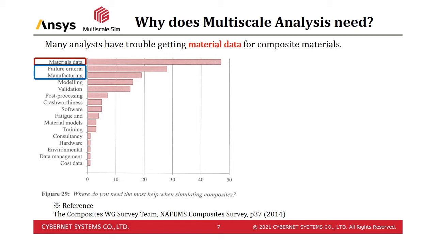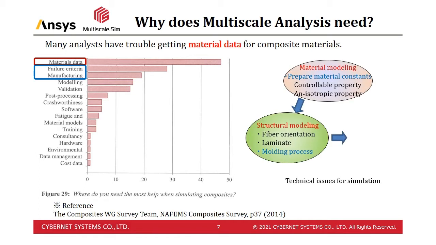We believe that the efficiency in analyzing a composite can be summarized into three major problems, which are material modeling, structural modeling, and post-processing, as shown in the figure on the right-hand side. Material modeling concerns the material constants needed for the analysis. The problem here is that composite has controllable properties.